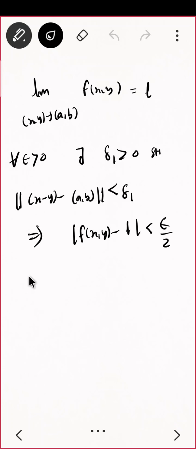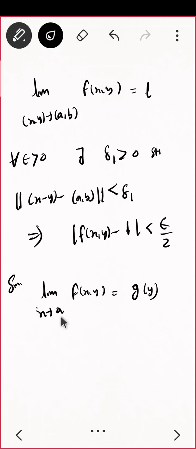So since the limit x tending to a of f of x, y was equal to g of y, what do you mean by this? The definition is in the real case, correct? x tending to a.